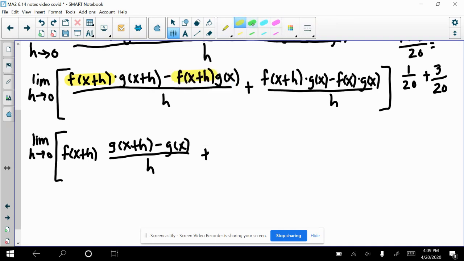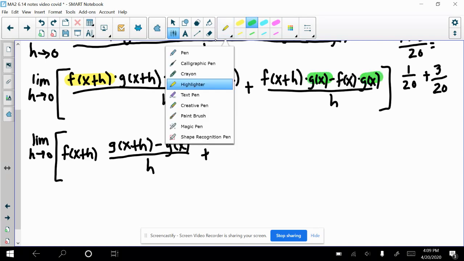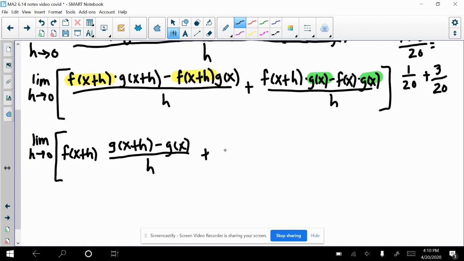Well, both terms in the numerator have a g of x in common, and so we could factor the g of x out, and that would give g of x, and then behind it would leave f of x plus h minus f of x. And this would all be divided by h.